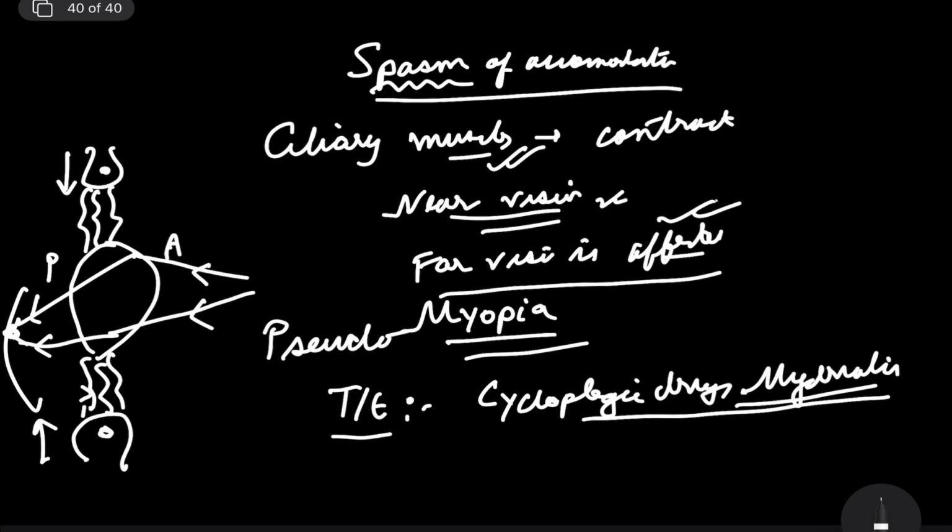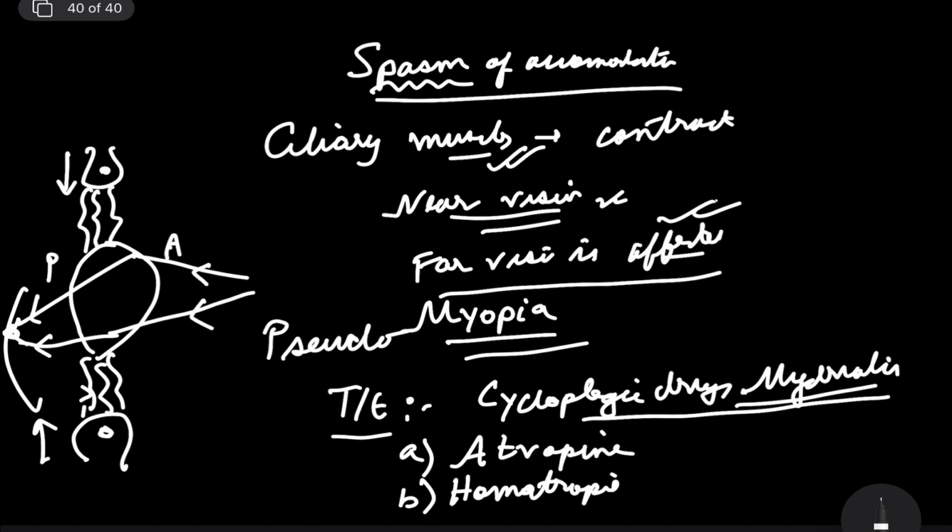Okay, what are the drugs? Very, very important. Atropine, very important drug. Homatropine, very important drug. Cyclopentolate, very important drug. These three drugs are cycloplegic as well as mydriatic.